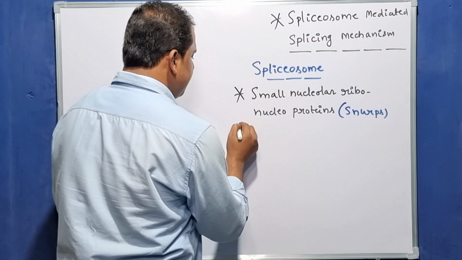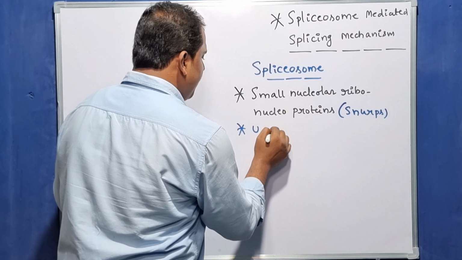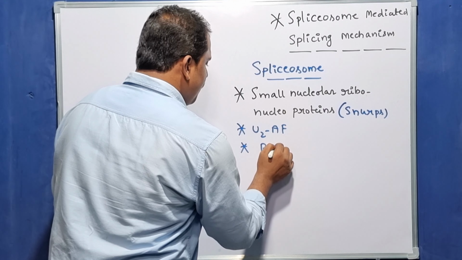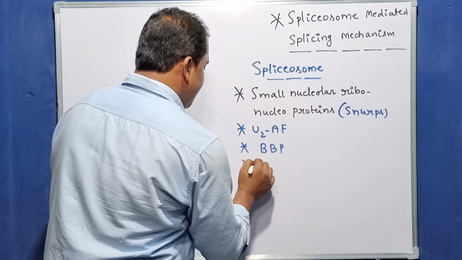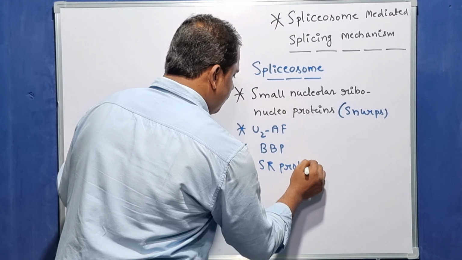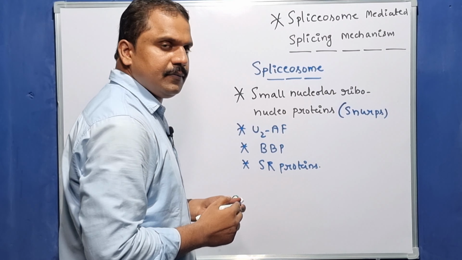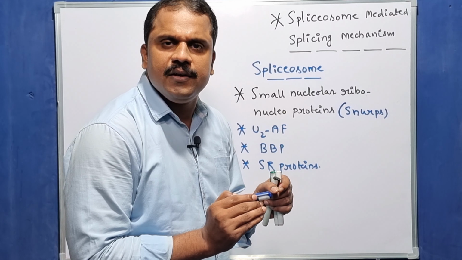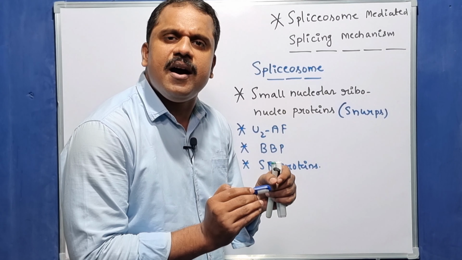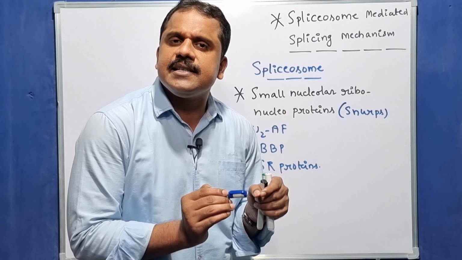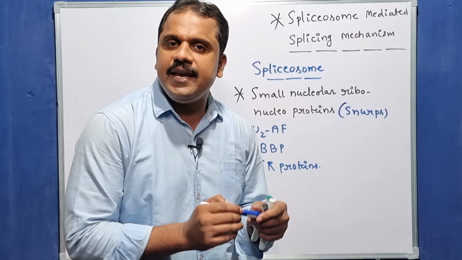And the other accessory factors include U2AF, branch binding protein and SR proteins. Is it clear? So all these are the factors of the specific spliceosome. By taking advantage of all these factors, the spliceosome mediated splicing mechanism is successfully organized in case of higher eukaryotes.